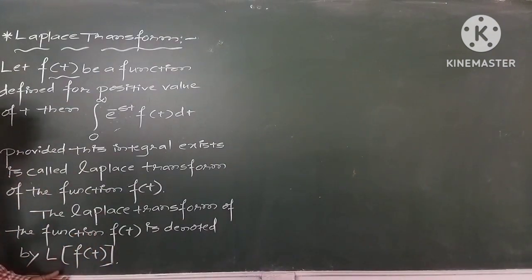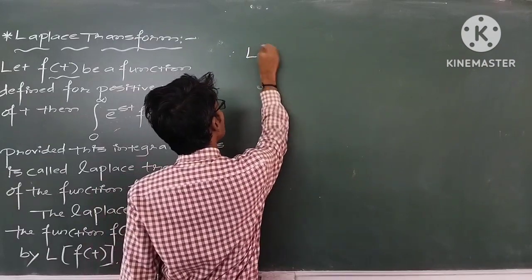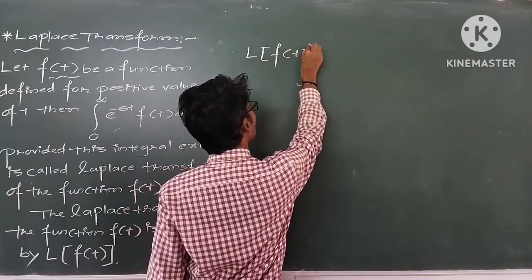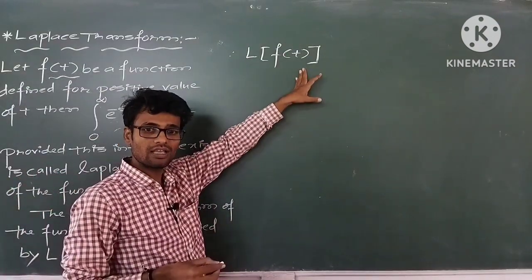This is the symbol used to represent the Laplace transform, and here L is the Laplace operator. Just as capital D is the differential operator used while solving linear differential equations, likewise capital L is the Laplace operator. So I will write the Laplace transform of the function f of t.